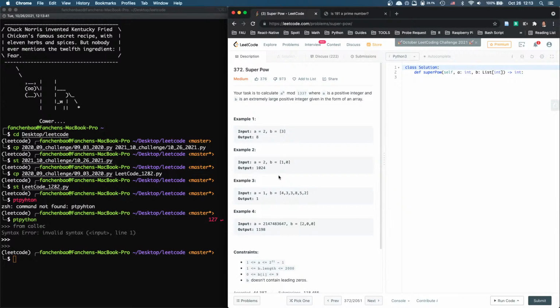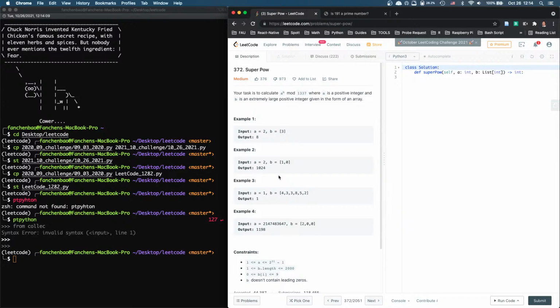Let's see. How would I prove this? I'm not sure. So let's say A mod M, right? A equals Q times M plus R. So that's A mod M equals R. How about A squared?